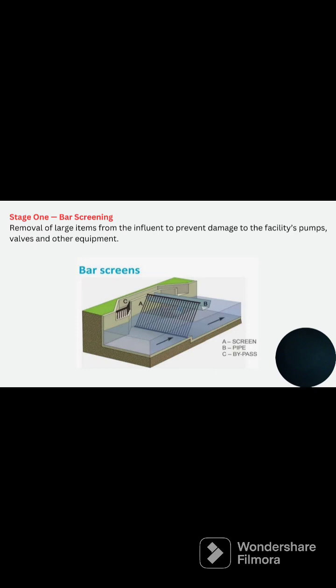By the image, you can understand these things properly. The water will collide over this, and the large gravels or aggregates will be filtered out here, and whatever water passes through goes to the second step.